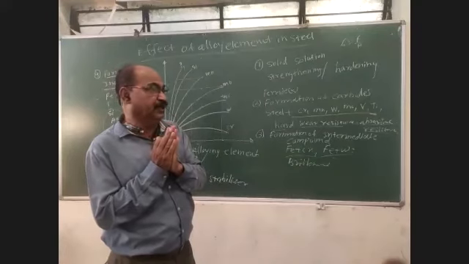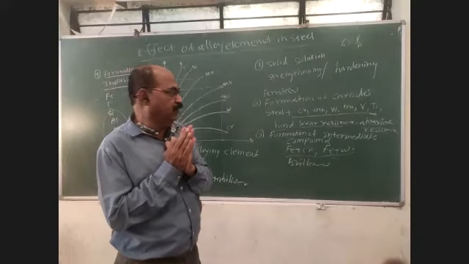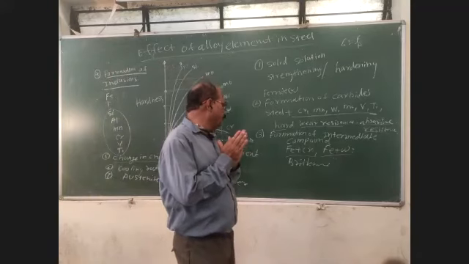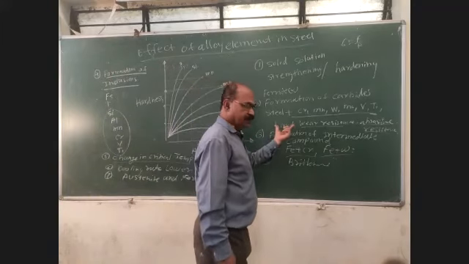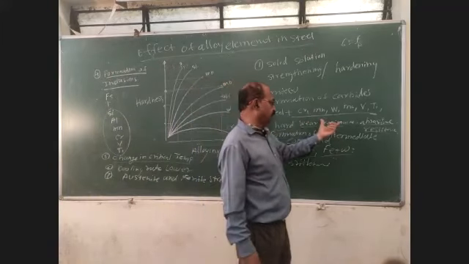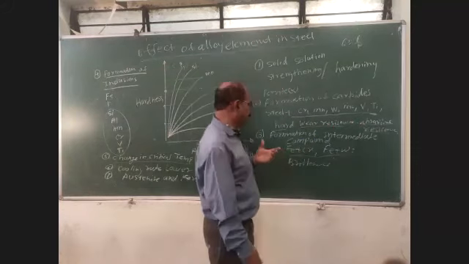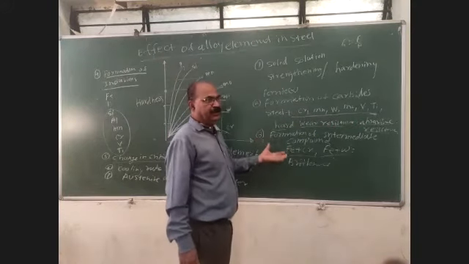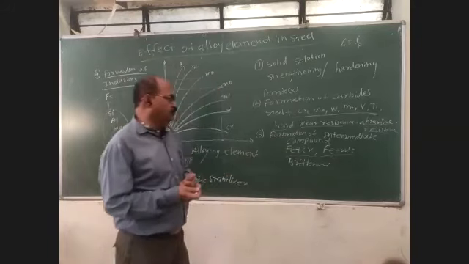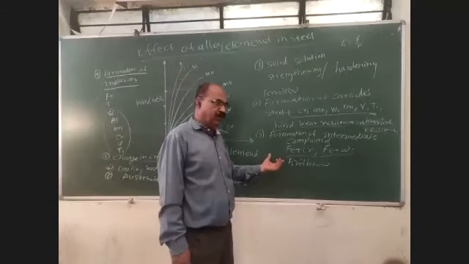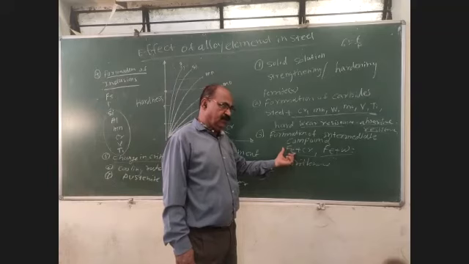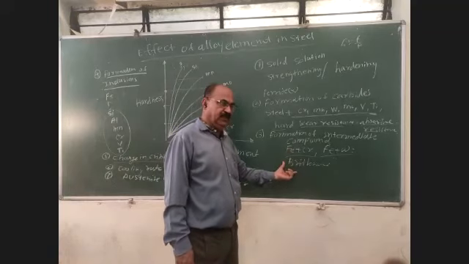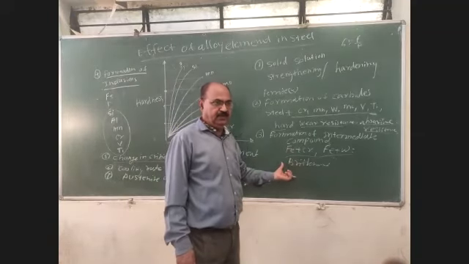There is a strong bond in carbide, and it is normally used in our cutting tools. For this, hardness is more, wear resistance is there, and abrasive resistance is there. Next, formation of metallic compounds, just like powder form. Fe plus chrome, you will get one compound, and this is very brittle.